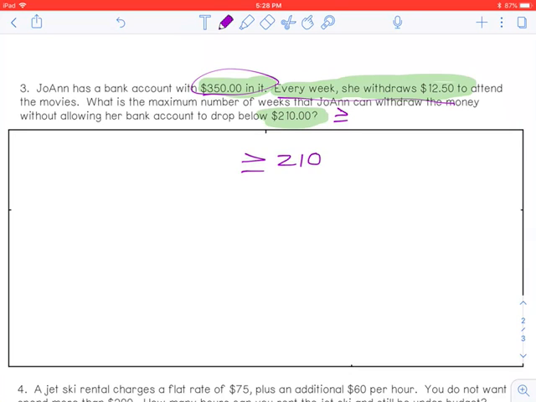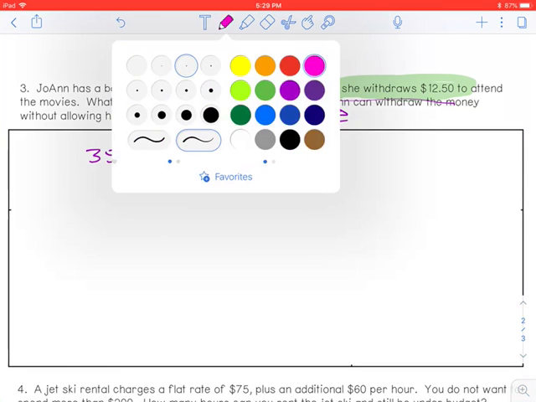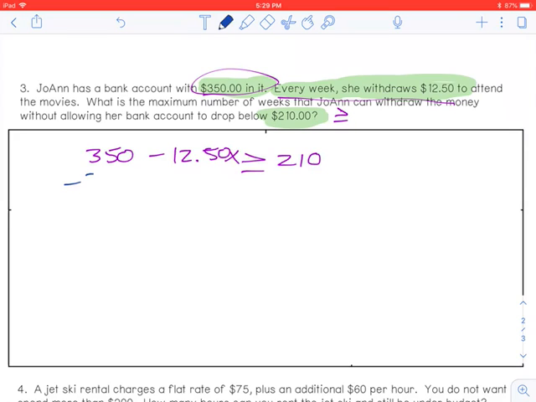And then we have $350 in there, but we subtract out $12.50 every week. So we're trying to figure out how many weeks can she do this without going below 210. All right, so let's figure it out.